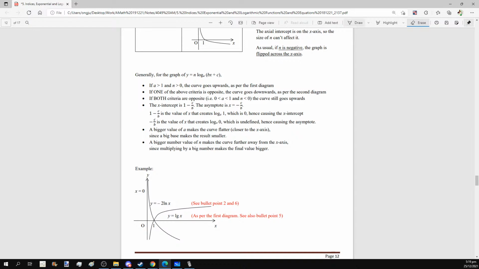Now at this point, one other thing to talk about is this bullet point over here. In exponentials, we have seen that when the base is bigger, right, you will get a very dramatic graph. For example, 10 to the power of x is very clearly more explosive, more steep than 2 to the power of x, because 10, the base, is greater than 2.